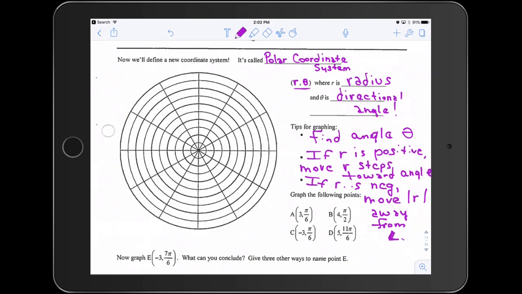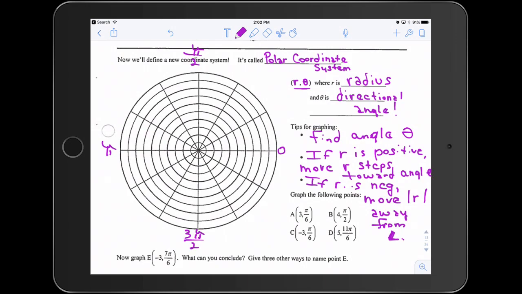Okay, let me show you, because showing helps a lot. Before I do, I have to do some labeling, just like on an XY axis, you have to have some scaling. So this is going to be 0. This is pi over 2. Notice we are using radians. This is pi, and this is 3 pi over 2.